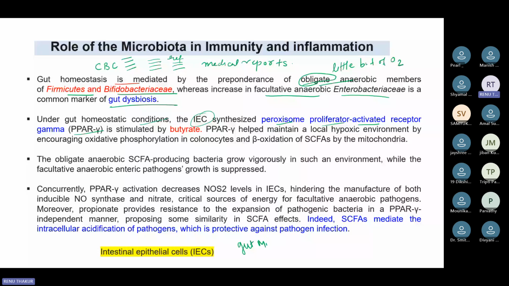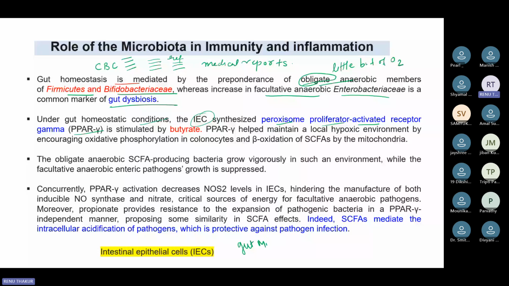It means if your body has a normal gut microbiome composition, your body will start producing PPAR gamma. This is a nuclear receptor that will act and start the synthesis of the short chain fatty acid, that is butyrate. Butyrate is nothing but a short chain fatty acid.